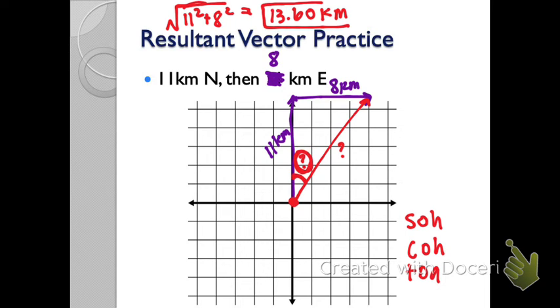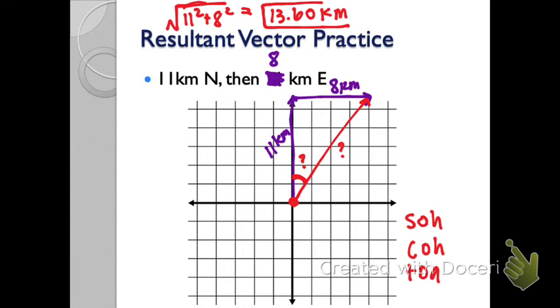What's adjacent mean? It means next to. So if I have this angle, I know what the side is that's next to the angle, that's 11, and I know the side of my triangle that's opposite it. Now, I do technically have my hypotenuse because we just solved for that, right? But I don't like to use the hypotenuse in this calculation because what if I solve for the hypotenuse wrong?